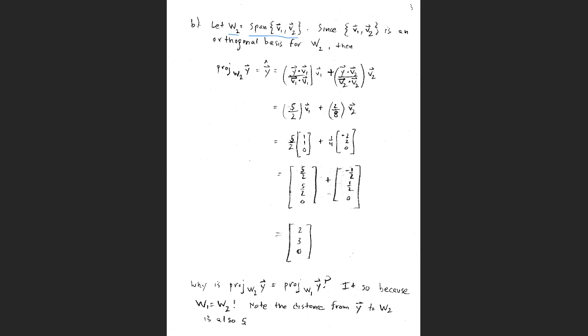Since v1 and v2 is an orthogonal basis for W2, I can compute the projection of the vector y onto W2 this way, using the same formulas and the same process that I used in part A. Let me give you a moment to copy that. Then I go through the calculations and I get down to here. I'm going to let you copy that and let me know if you have any questions.